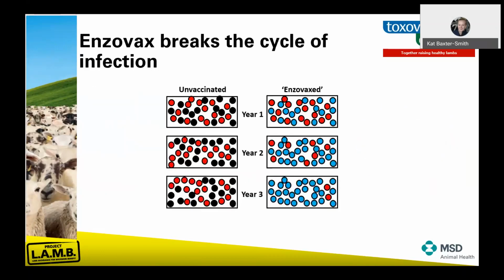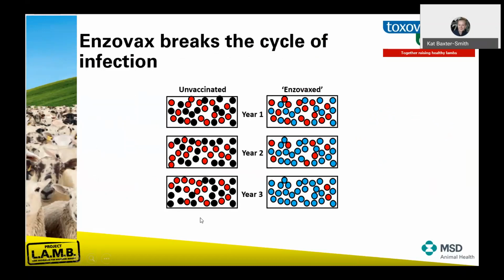When you first start using these vaccines with farmers, it is worth managing some expectations, because certainly in the first year or two, they won't go from having loads of abortions to having no abortions. In the first couple of years, they will still get a small number of abortions.